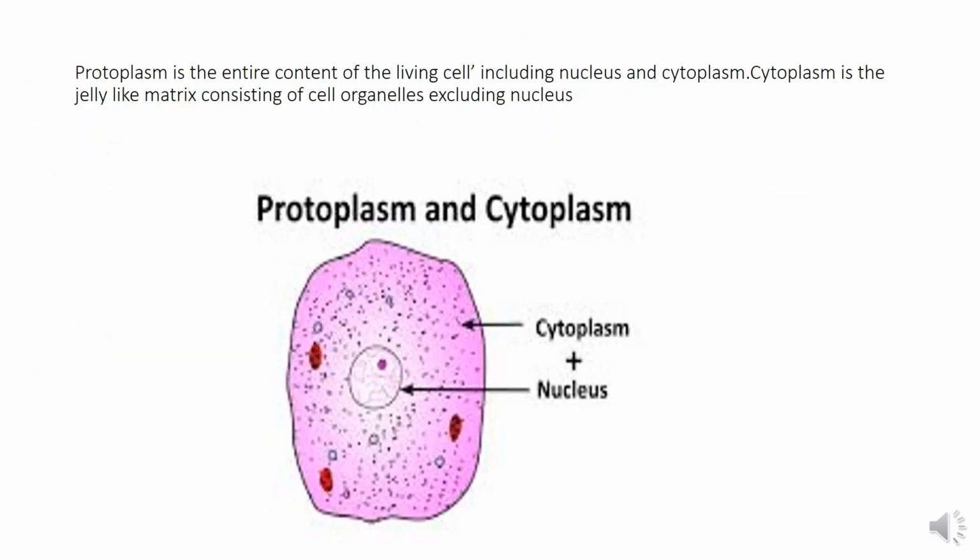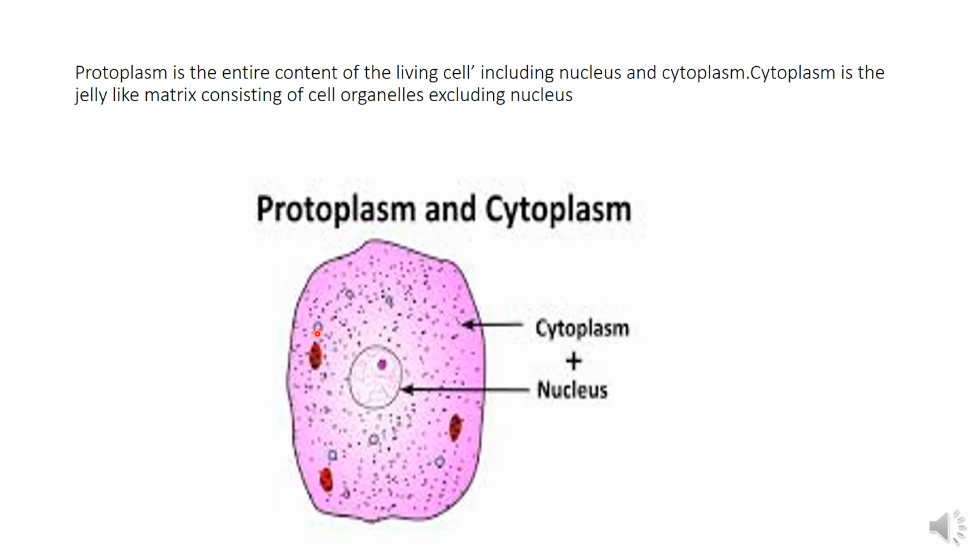Now let us consider protoplasm and cytoplasm. Let us know the difference. Protoplasm is the entire content of the living cell, including nucleus and cytoplasm. Whereas cytoplasm is the jelly-like matrix consisting of cell organelles excluding nucleus.